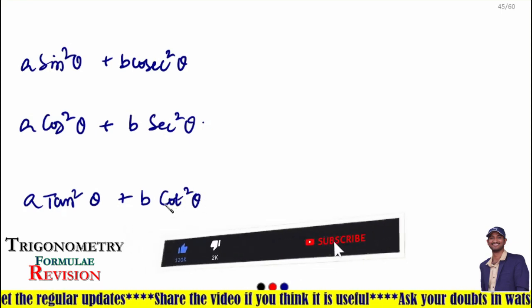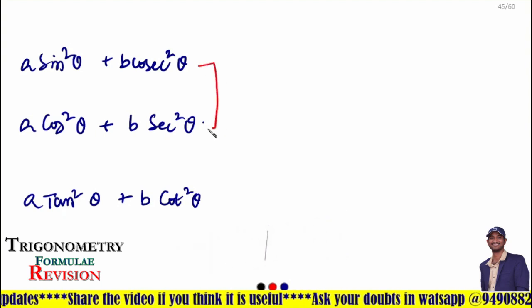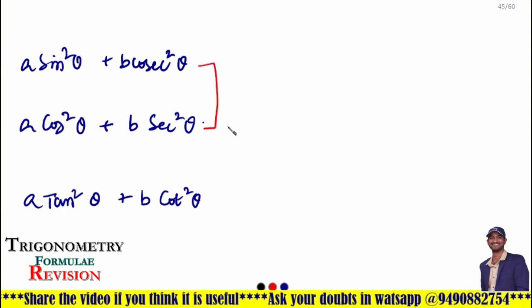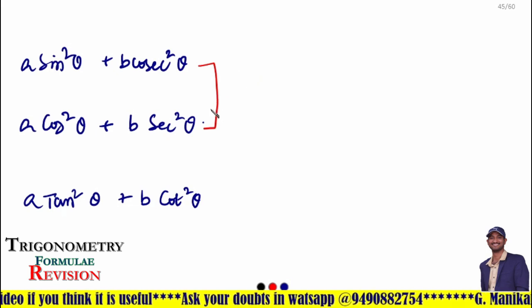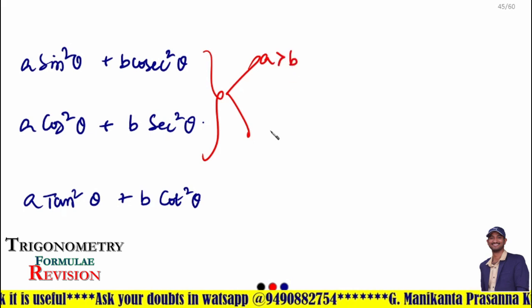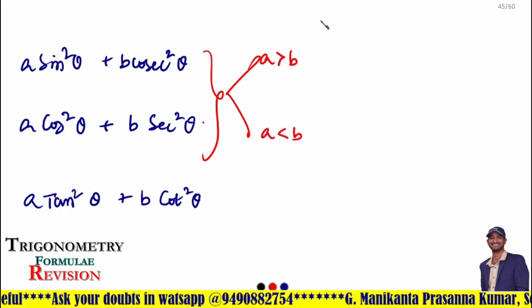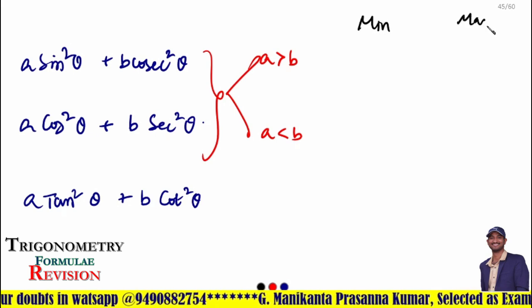I am telling you cot square. In all these cases, we have some different things. That is, when a is greater than b, I am talking about these two. First, two conditions: a is greater than b, and what about a less than b? What about minimum and maximum values?